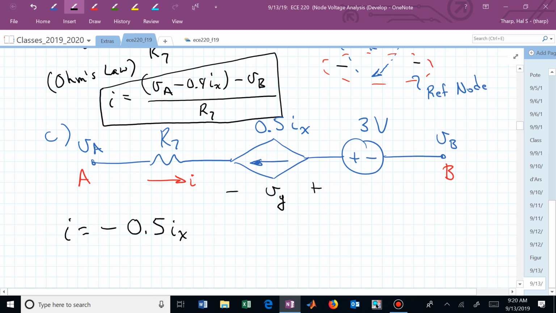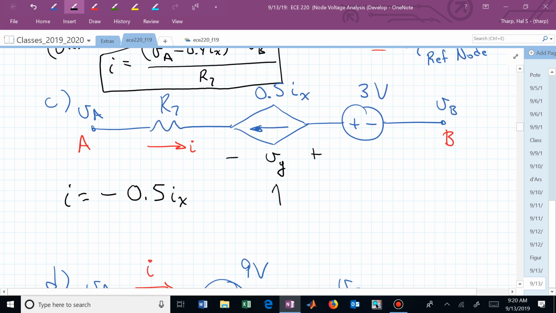But we can't do that because that dependent source is giving whatever current is necessary based on I sub x. And so all we can say, if we want that red current I going from left to right, is that I is equal to minus 0.5 I sub x, the negative of what's being supplied by that dependent current source.